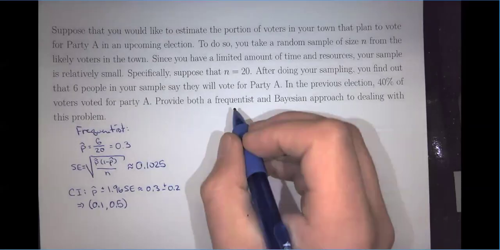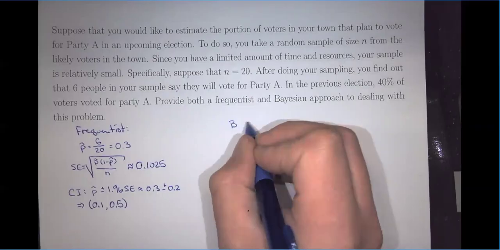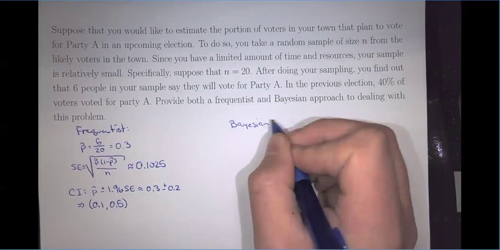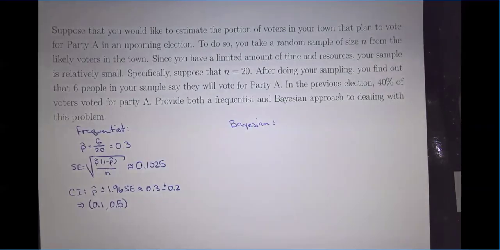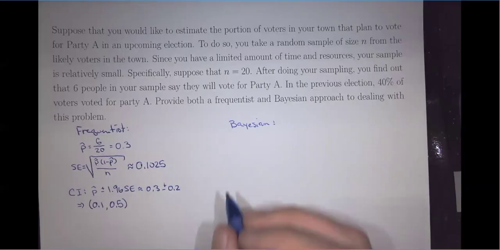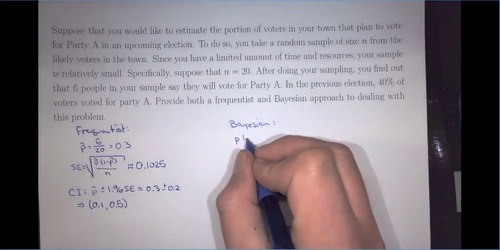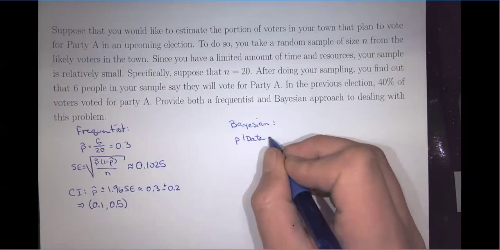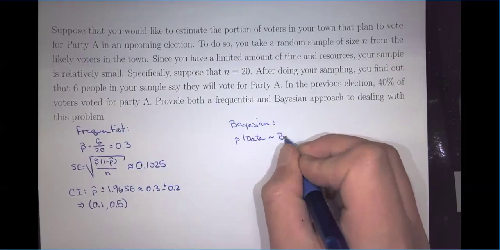But the Bayesian approach would approach the problem from the following perspective. So the Bayesian folk, they say that we know something about the true probability already, right? So the probability given the data has some sort of beta distribution.